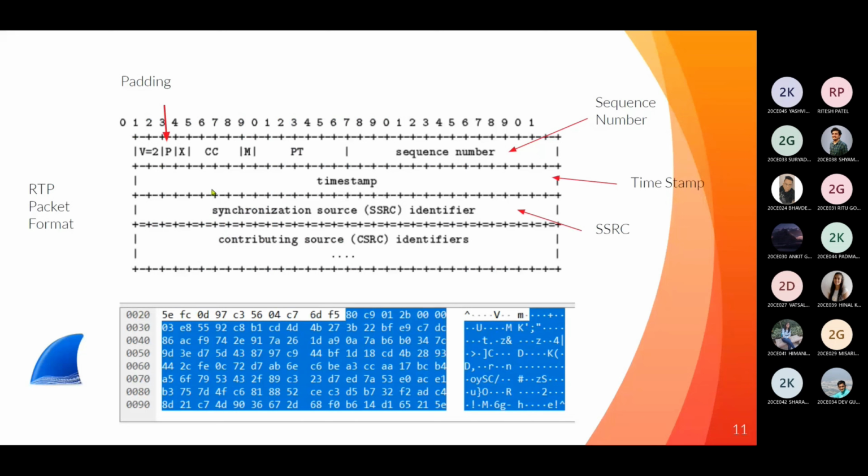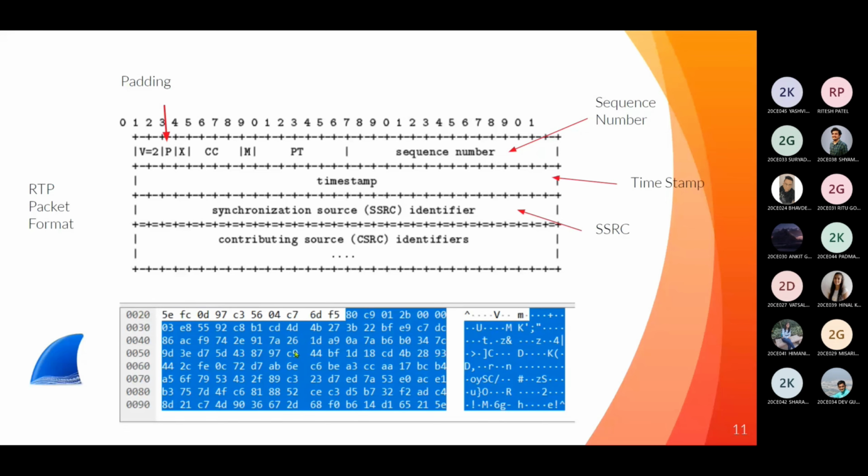This is the structure of the RTP header, the RTP packet format. Here are padding, sequence number, timestamp, SSRC, and this is the actual example. I was capturing an RTP packet, and this is the format, and this is the actual example in Wireshark.